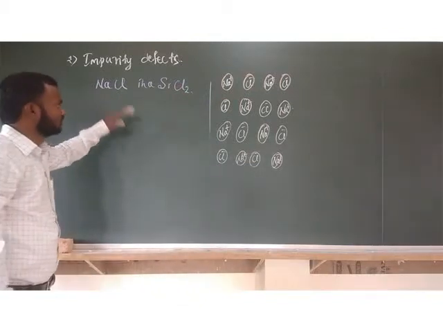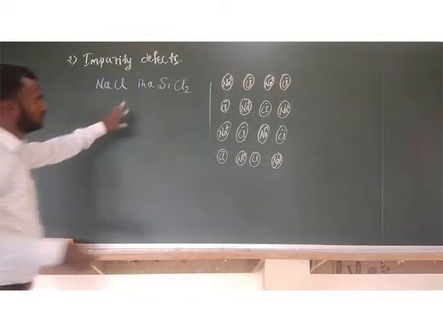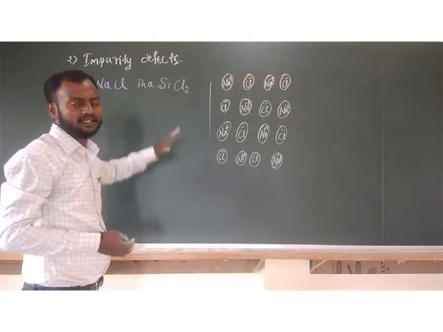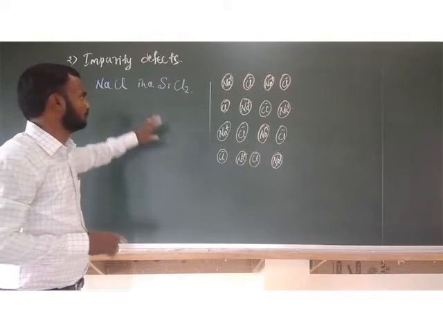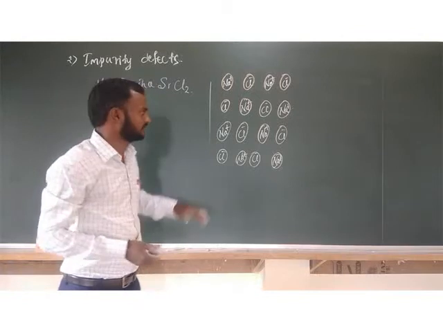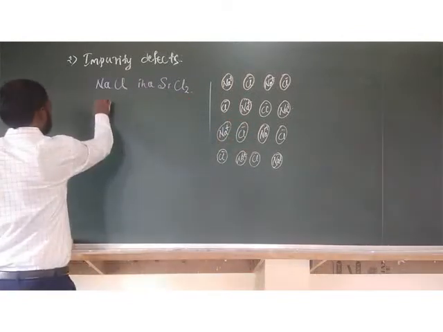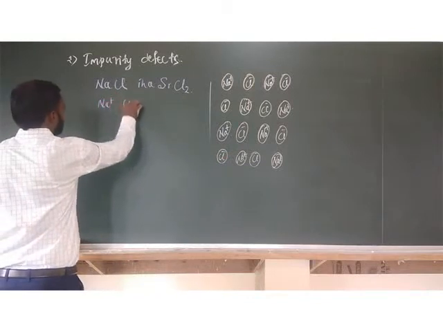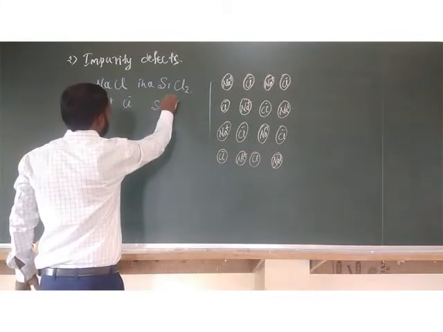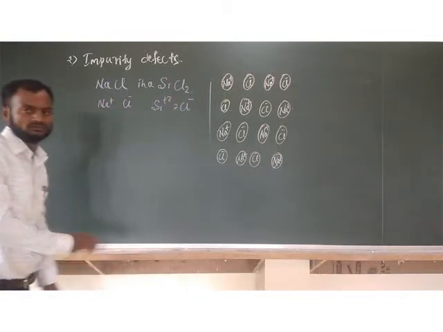Let us consider the molten state of sodium chloride in presence of a small amount of strontium chloride. By heating the small amount of sodium chloride and strontium chloride, what happens? The Na+ and Cl- ions, and the strontium 2+ and 2 Cl- ions are formed.